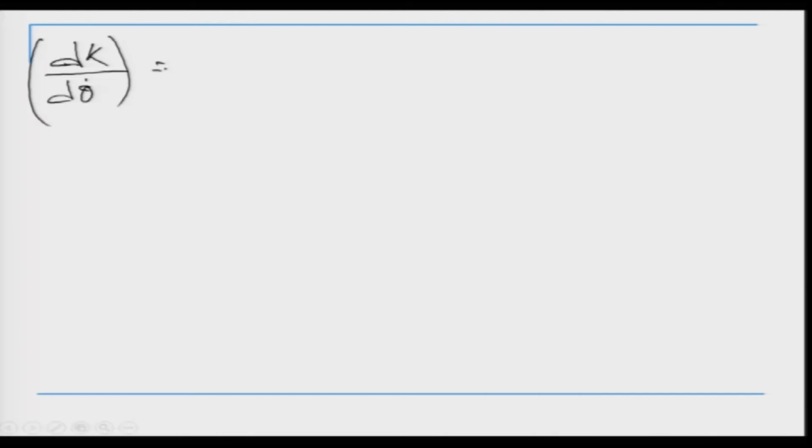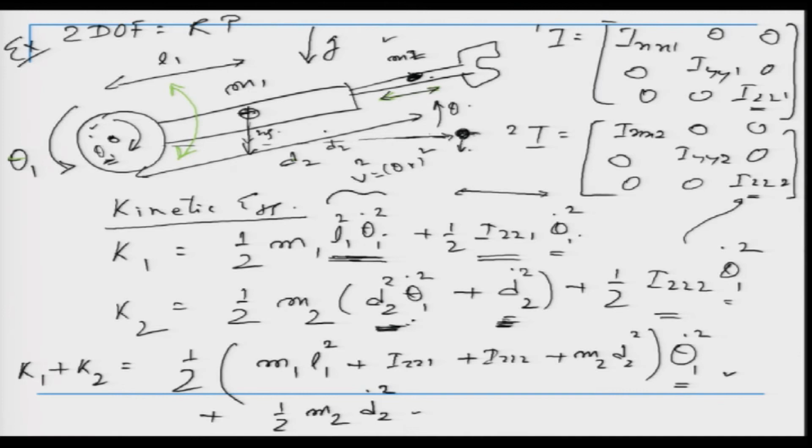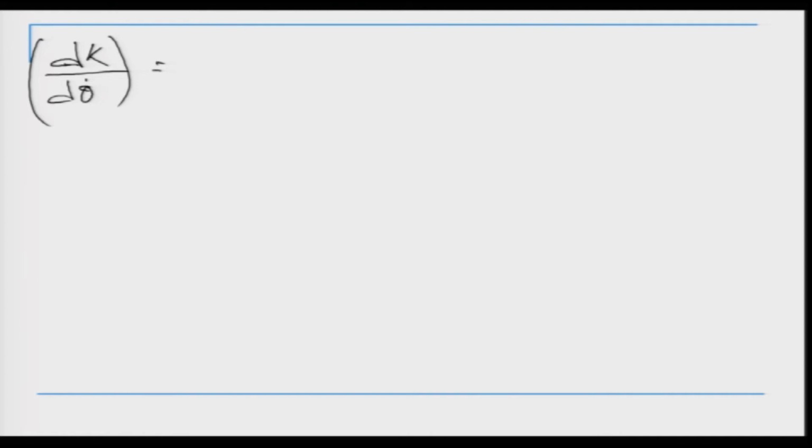So, if you look at the expression of kinetic energy again, this is kinetic energy and this is my theta 1 dot. So, it is differentiating with respect to theta 1 dot, and there are two variables. So, theta 1 dot is one variable and d2 dot is the other variable. So, first I will differentiate with respect to theta 1 dot, then I will differentiate with respect to d2 dot, and what we get here is being written in matrix form.